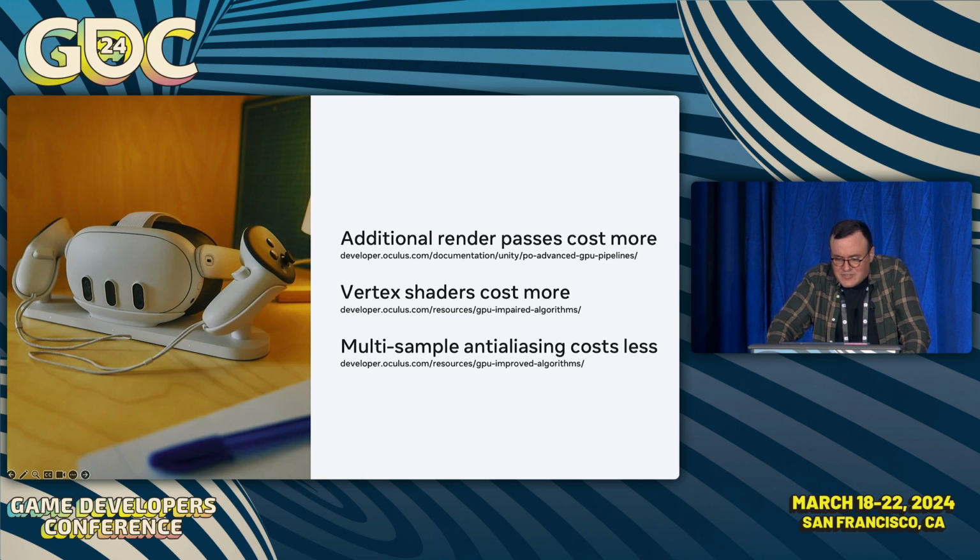So the Quest 3 might have CPU and GPU specs similar to PlayStation 3, but you can't just port a PlayStation 3 game over and assume that you'll get similar rendering behaviors. It's not apples to apples. By far the most common issue is number 1, additional render passes cost more. In Unity and Unreal, many systems that are exposed as press the pretty button, so I'm talking about blurring, bloom, HDR, real-time shadows, deferred rendering, all of these systems are actually implemented as additional render passes.